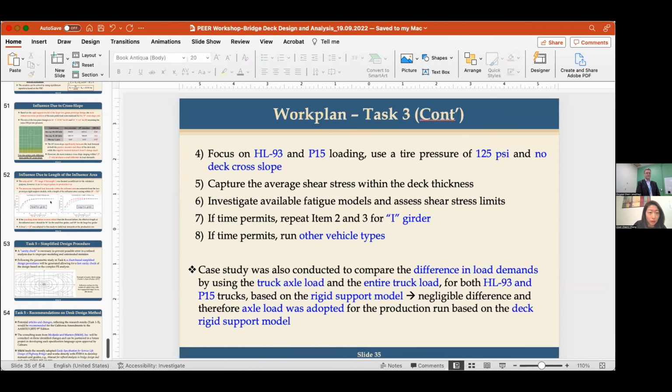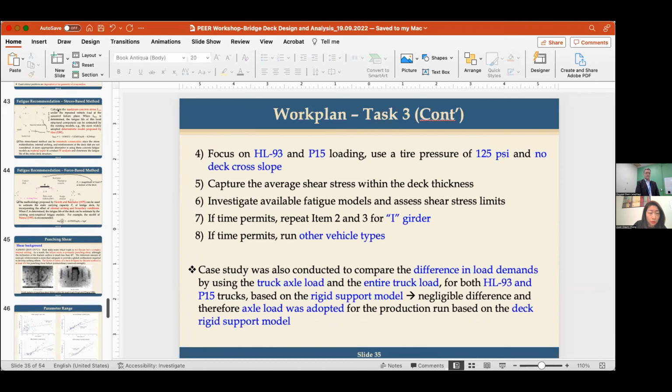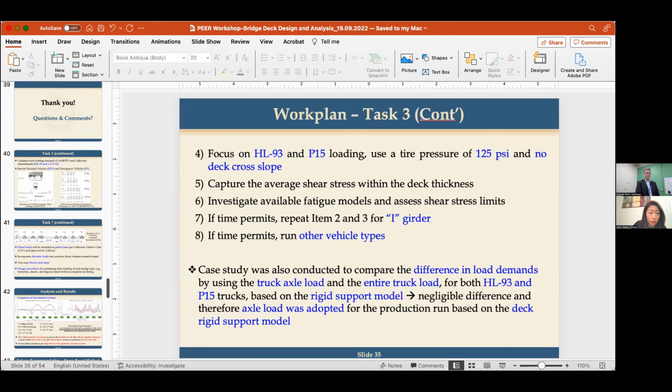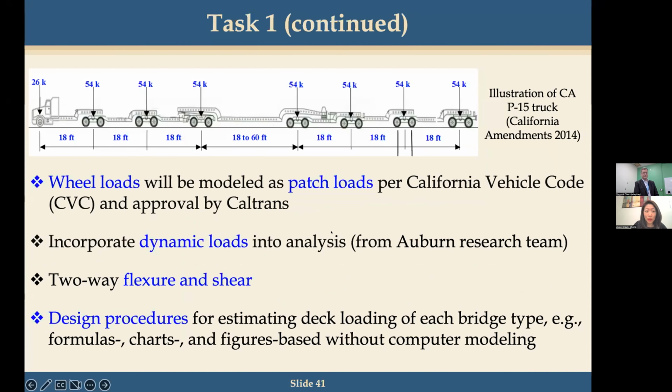So the P15 looks something like this one here. Oh, right here. This is what we call a P15 truck in Caltrans. As you can tell, it has all these patch loads lined up consecutively next to each other, 15 kips, and then they're 18 feet apart, spaced out.